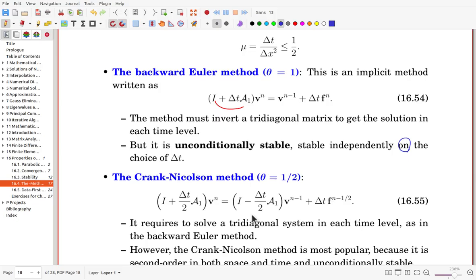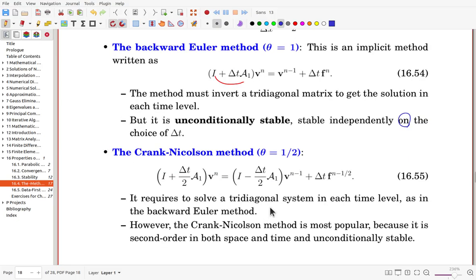However, this scheme is most popular because it is second order in the temporal direction. Of course, from the beginning, it is second order in the spatial direction. Also, it is unconditionally stable as for the backward method. So it becomes very popular.